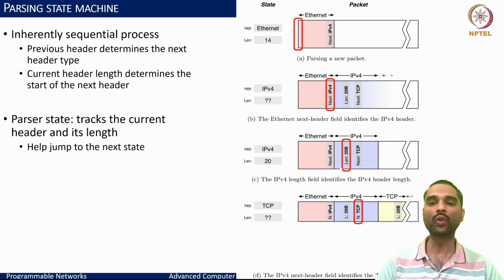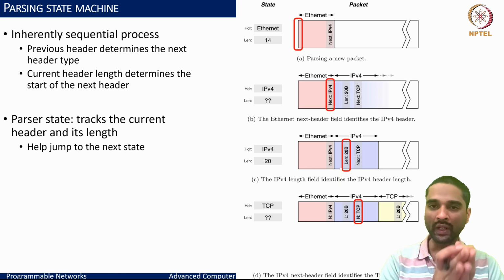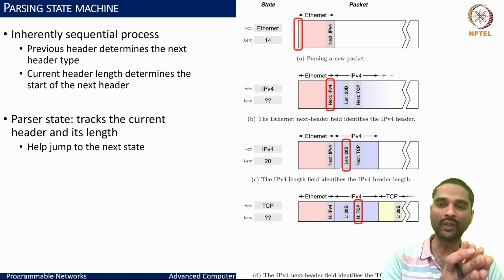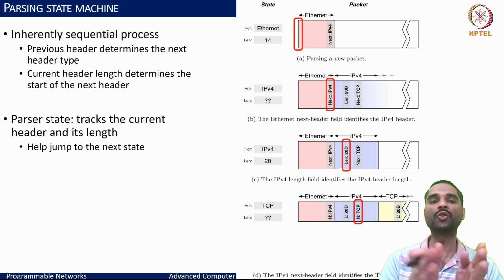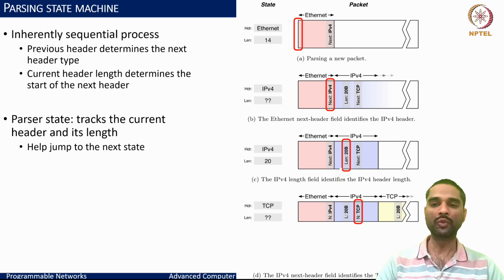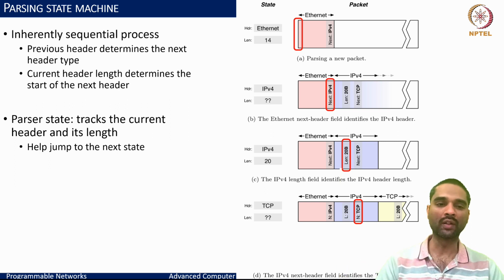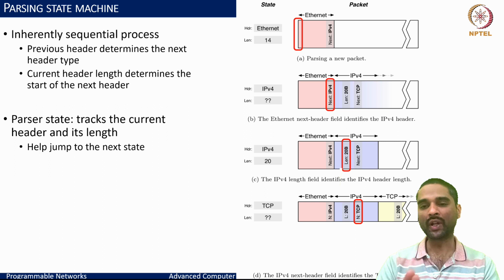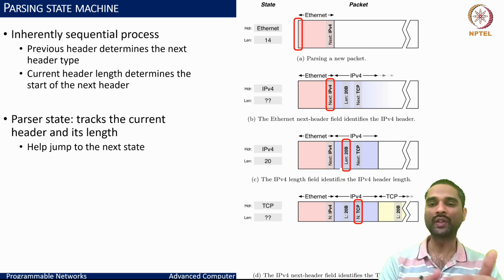So these two important pieces of information, the current header type and the length of the header associated with each, are state that needs to be maintained in the parse graph so that we are able to process and do all the header parsing correctly. And also, when we start with a new packet, first you extract the Ethernet.